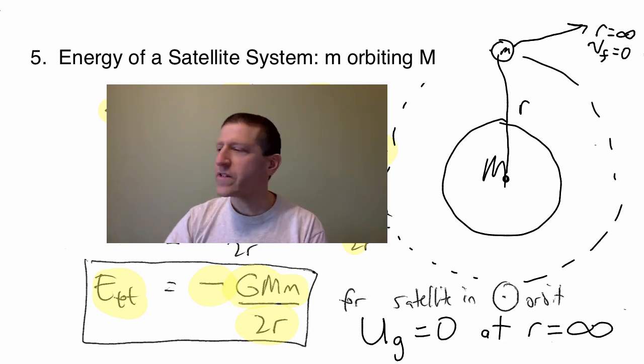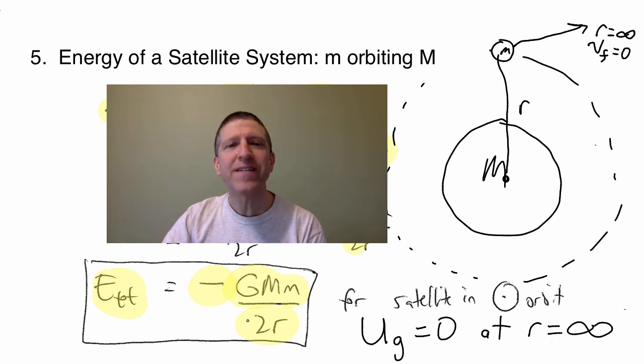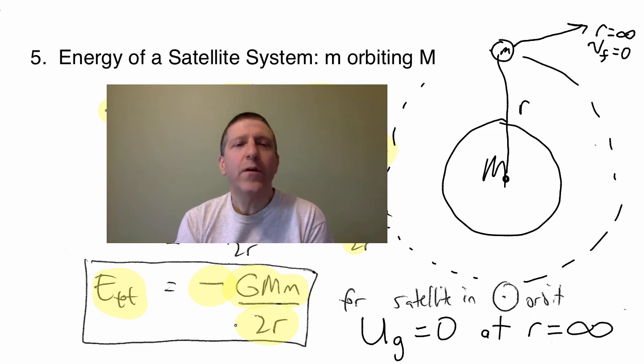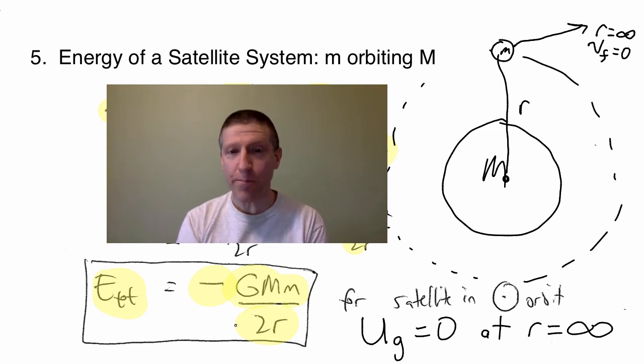So that means that our satellite in orbit has negative energy, which makes perfect sense. It is trapped in orbit below the R equals infinity. It's lower than R equals infinity. So it's got negative energy, meaning it's in a potential well. Its total kinetic energy and gravitational potential energy add to something less than 0. In other words, it cannot make it unless we give it a major push.